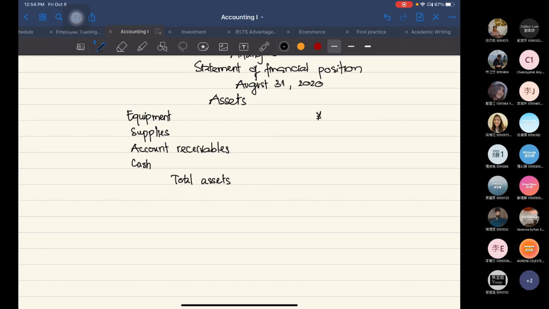Equipment. Let's check the number of equipment. Supplies. I just fill in the numbers. If you have something different, just let me know.